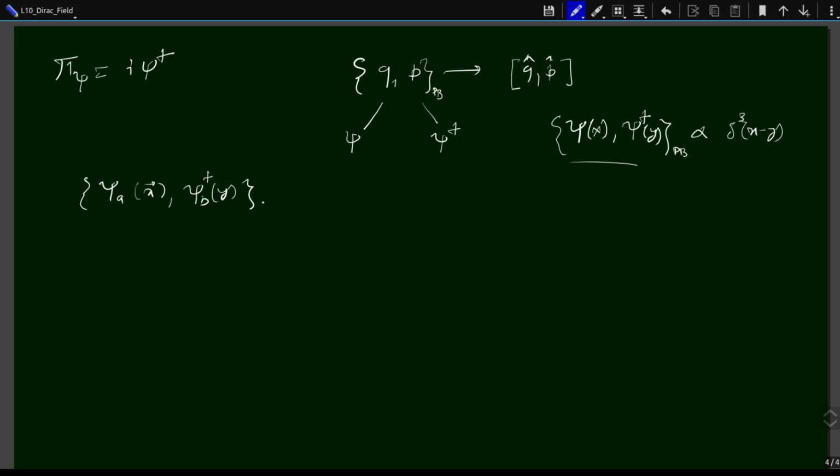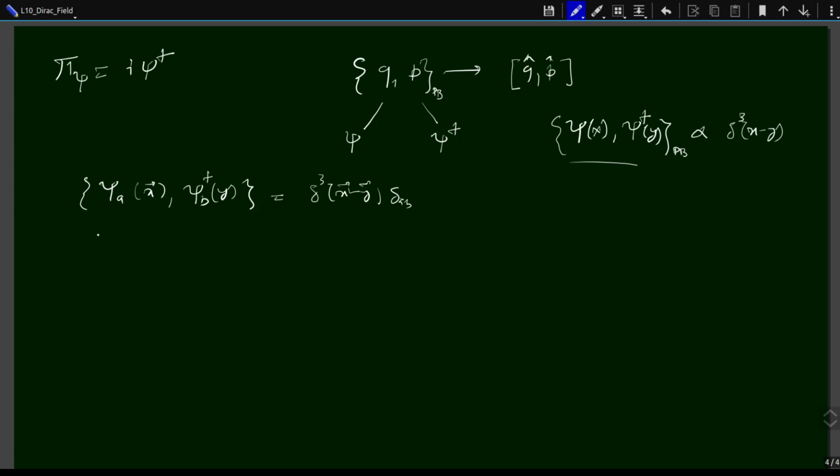This anticommutator is equal to delta 3 of x vector minus y vector, times delta AB. Usually an i sits over here, but the momentum itself has an i times psi dagger, so that takes care of the i.